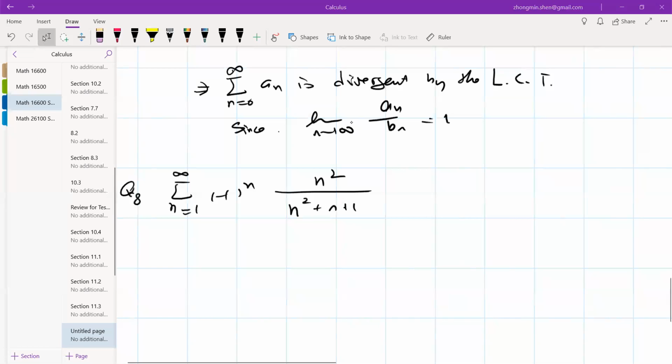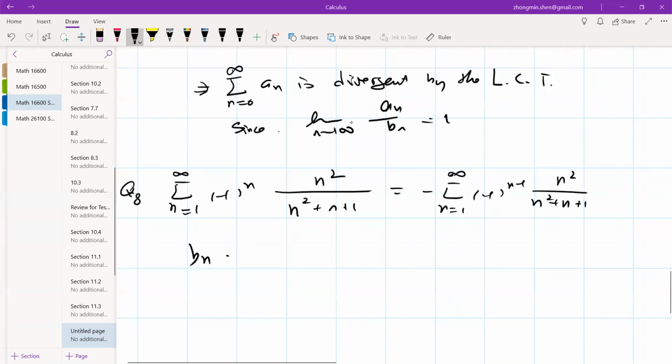No idea. How about you? Not sure. It's an alternating series, but you cannot use the alternating series test to prove it's convergent. So look at the Bn. If you really want to take the negative sign out, you get something like that.